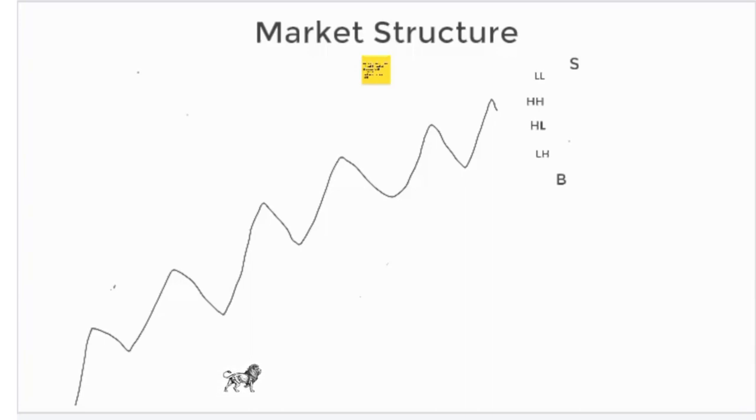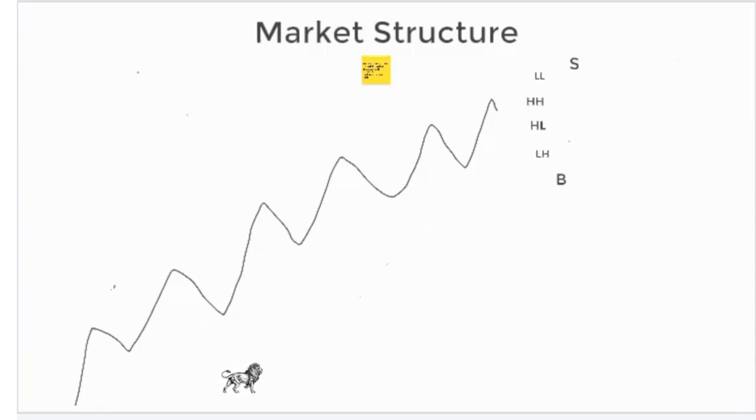One thing you observe is that when the market moves up, it comes down, moves up again, comes down, moves up again. But even when it's coming down, we already know that it is actually an uptrend.